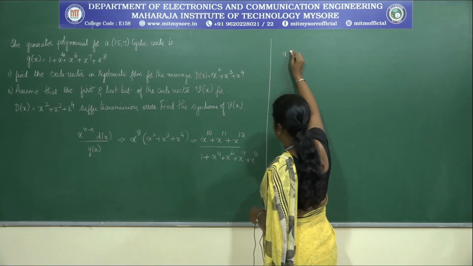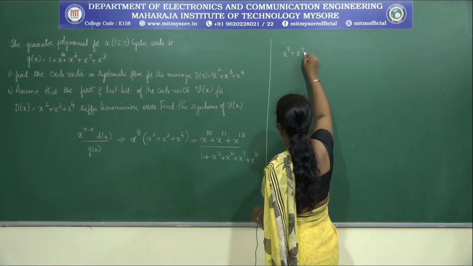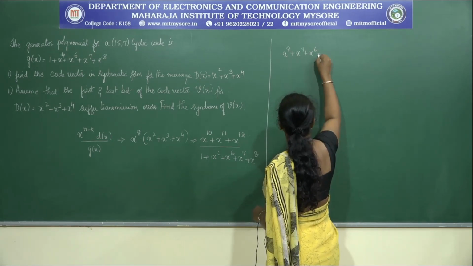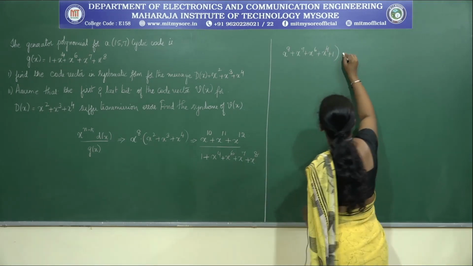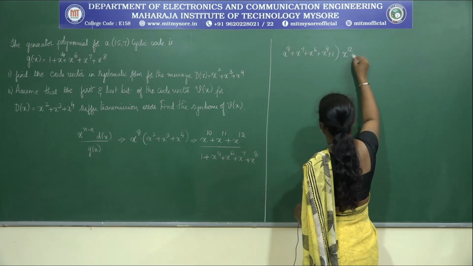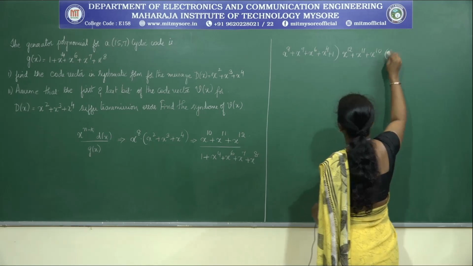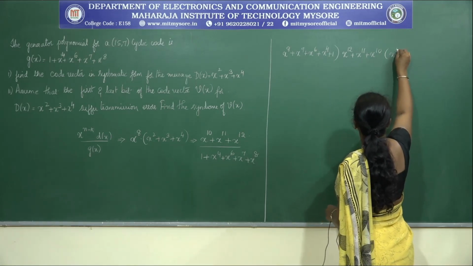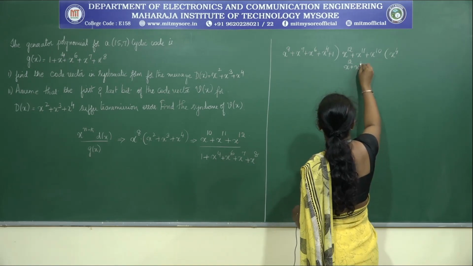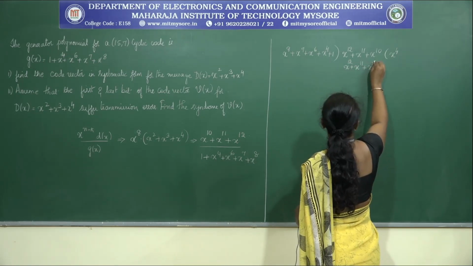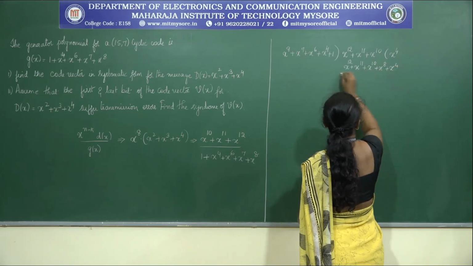So it is x to the power of 8, 7, 6, 4 plus 1 divided by x 12, x 11, x 10. So it is x to the power of 4. So it will be x to the power of 12, 11, 10, 8 plus x to the power of 4.